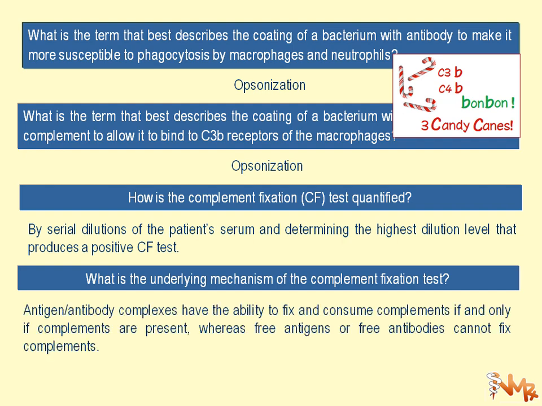Antigen-antibody complexes have the ability to fix and consume complements if and only if complements are present, whereas free antigens or free antibodies cannot fix complements. That's the underlying required mechanism for complement fixation test.